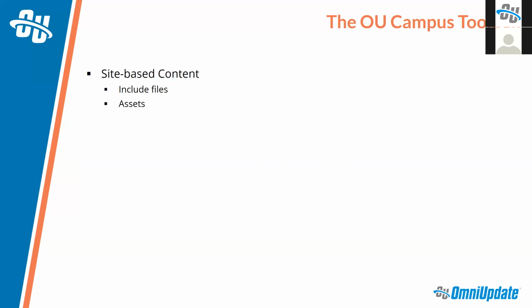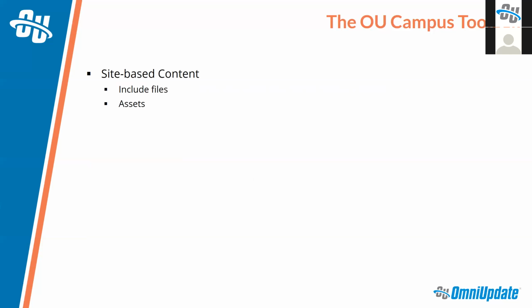The next is something that we built more into the UI of OU Campus, and these are assets. Hopefully you have some familiarity with assets at this point, but the idea is that these are, in a way, managed includes. You can create content that's global, and then your users can say, hey, I want to reuse that content across a bunch of my pages, so they can go and place it.